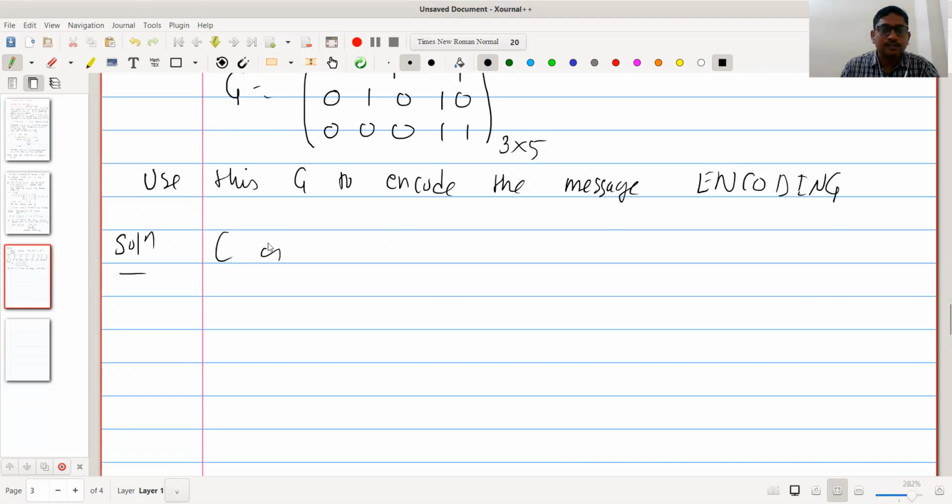So C has length 5 and dimension 3. We can find the distance also, but we need to know the parity check matrix for this, and from the generator matrix we can compute the parity check matrix also. Let's see with the binary linear code.